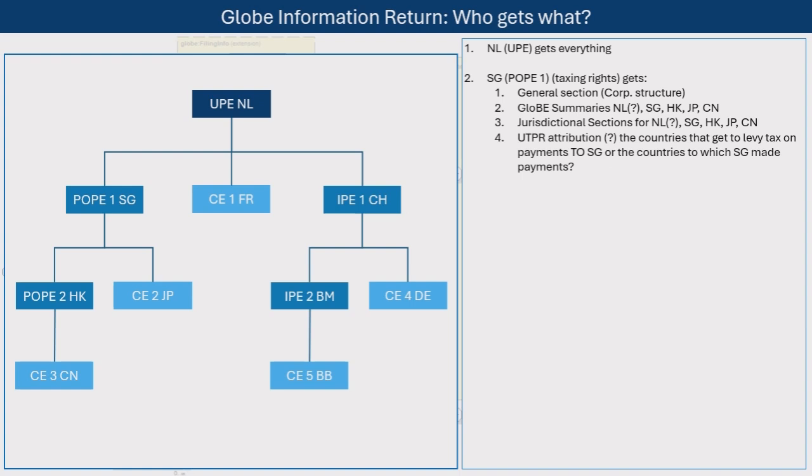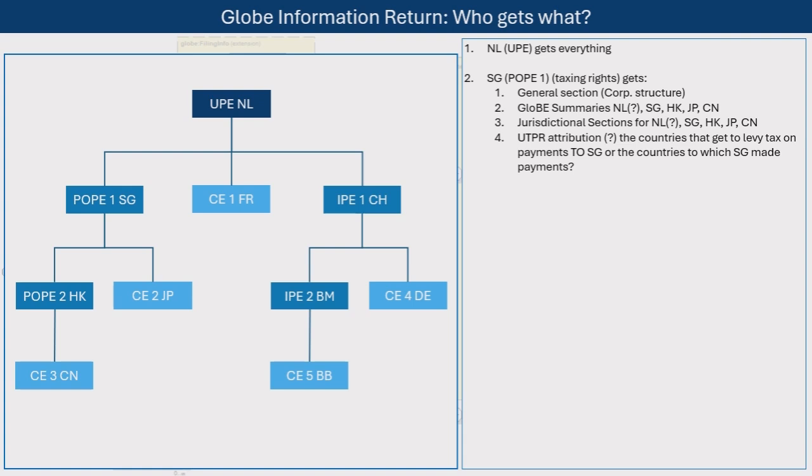And then there is the UTPR. And I think this is complicated, right? Because Singapore most likely would be one of those receiving income that will be taxed under the UTPR rule by companies that have paid Singapore base erosion payments. Now, should Singapore receive any information from those countries?